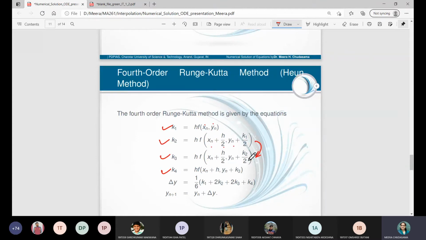Similarly, the new approximation will use k2 instead of k1. K4 will be h times f at xn plus h, yn plus k3, and finally the increment is given by this one. Add it to the previously iterated value, and you will get the new approximation of y. So that is the RK method of second order and fourth order.